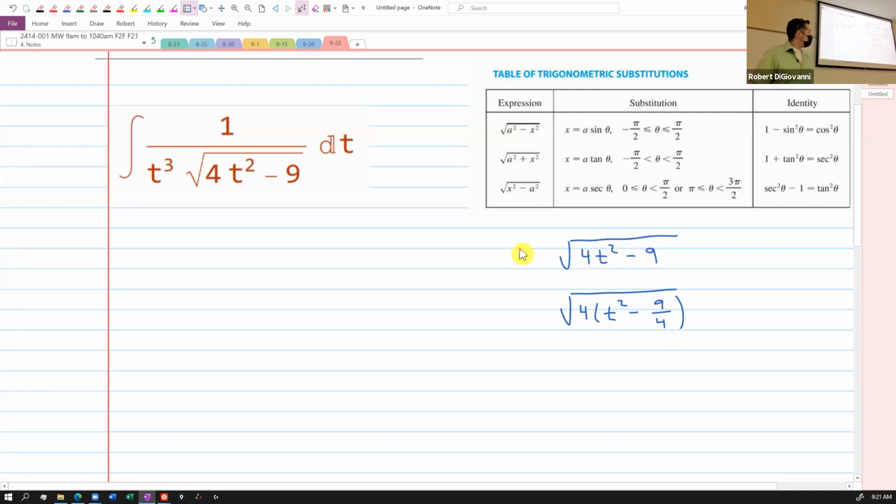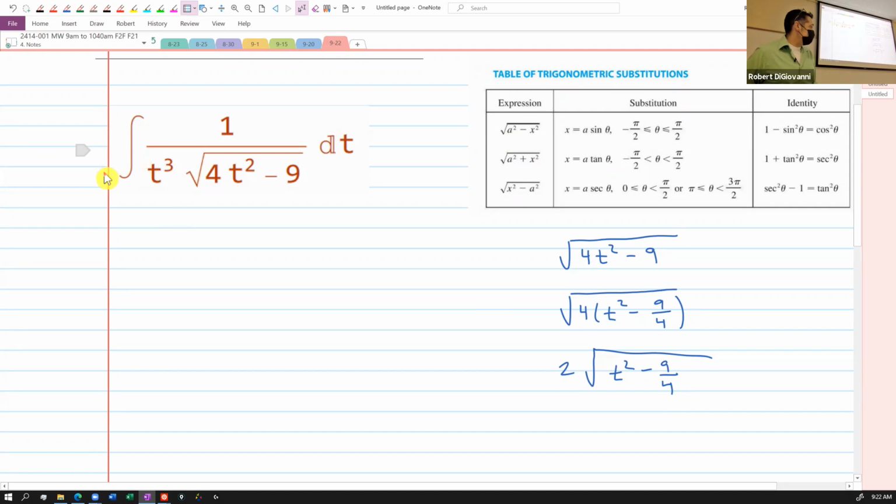I did something like this in my algebra class yesterday, where I factored and they didn't like it at all. But we all understand you can do this, right? Now this splits up. You can pull this 4 out as a 2, and that 2 would sit in front of this root, next to the t cubed.